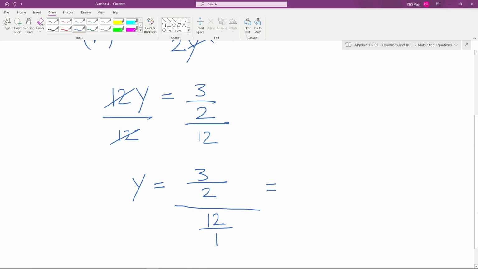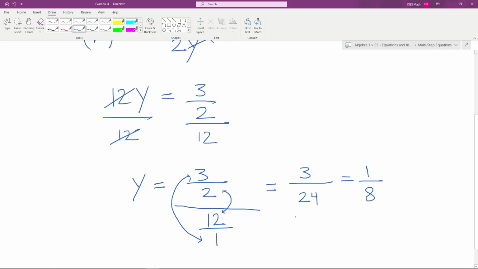And we can solve this. We multiply the outer numbers, right? 3 times 1, and we put that on top. And the bottom number, I'm sorry, is just these inner numbers multiplied together. So 2 times 12 is 24, equals 1 over 8.